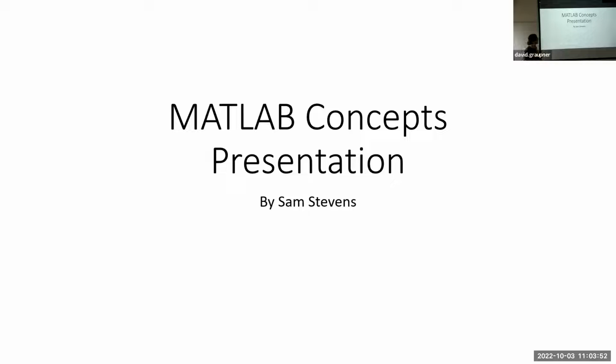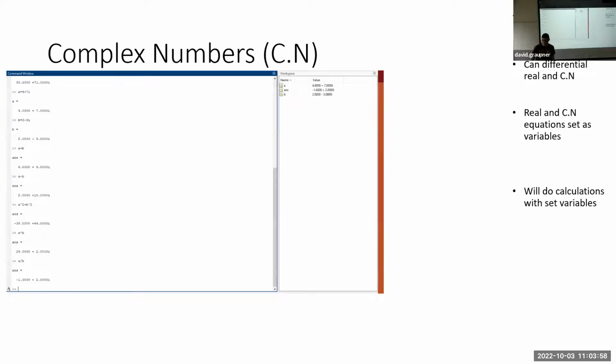Okay, so my MATLAB concepts presentation. I didn't really know what else to name it. The first thing in MATLAB that I am presenting on is complex numbers. MATLAB is able to differentiate between real and complex numbers, and you can set equations and variables equal to a simple variable.